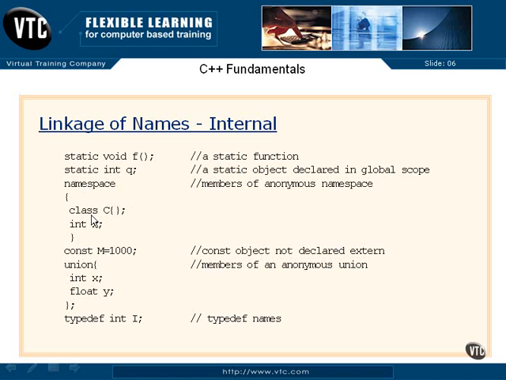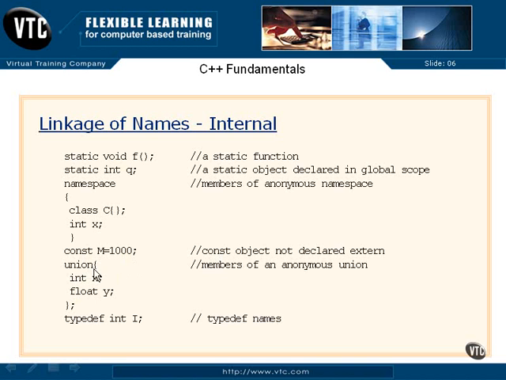It puts these items into this namespace, but again, we can't reference it anyplace else, so only the other items that are within this translation unit can get to it. Here's a constant, which is not an extern, so we are declaring this constant right here and defining it, giving it the value 1000, and since it's not declared extern, it's only good here locally. And here's a union. It's an anonymous union.